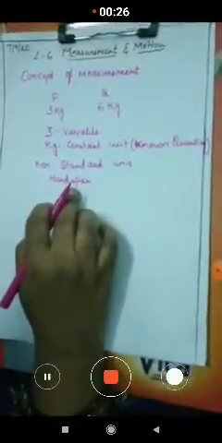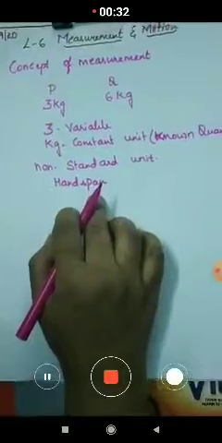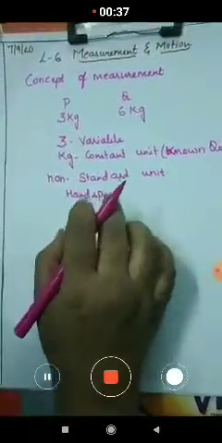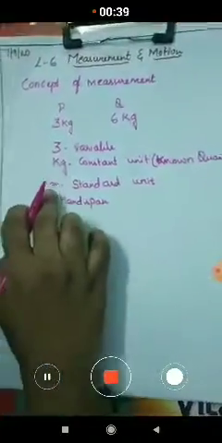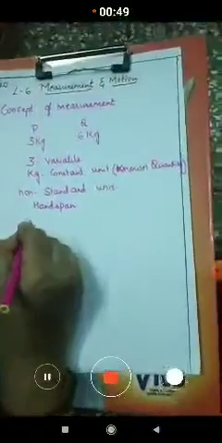We took it as one handspan. This one handspan varies from one person to another person, and it does not give the exact measurement. So we stopped using the handspan measurement and we started using the standard unit.